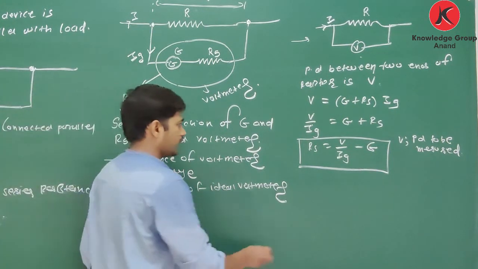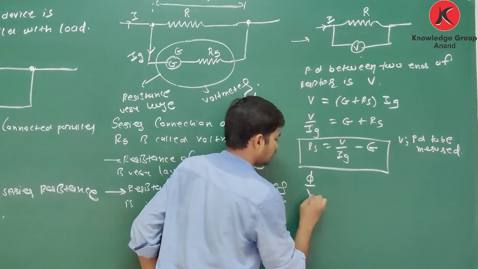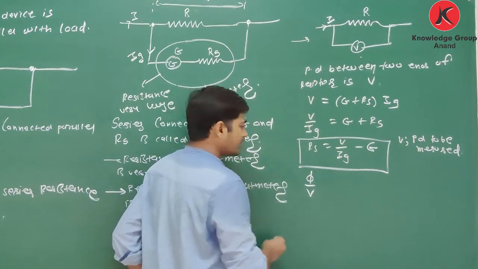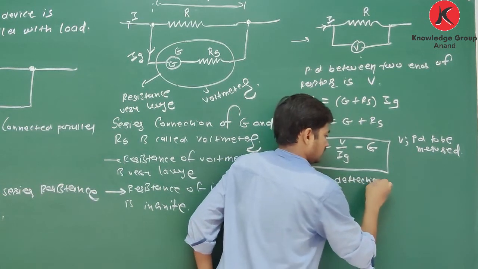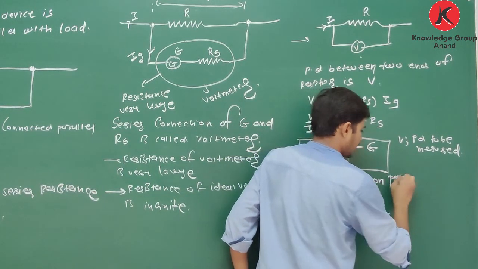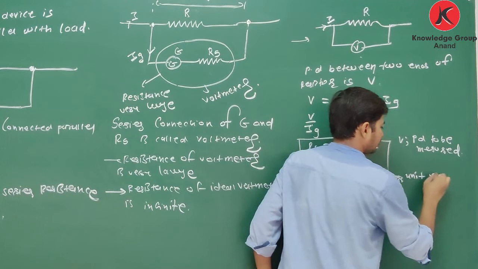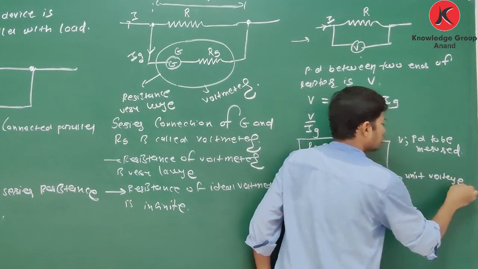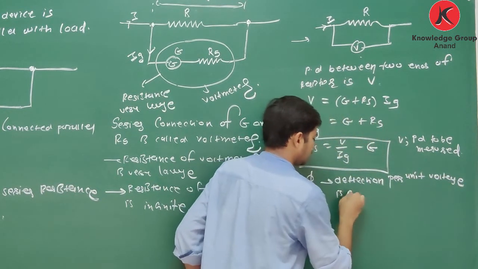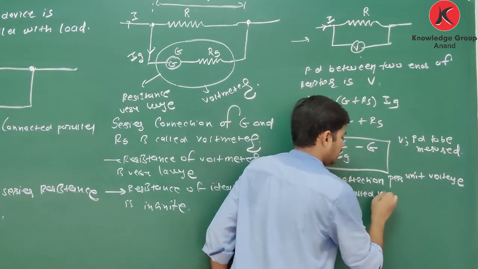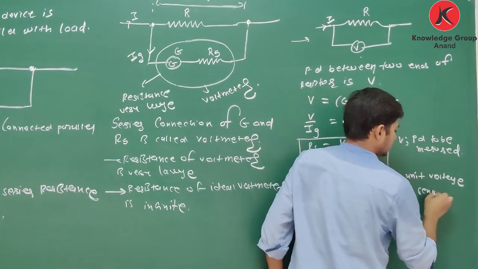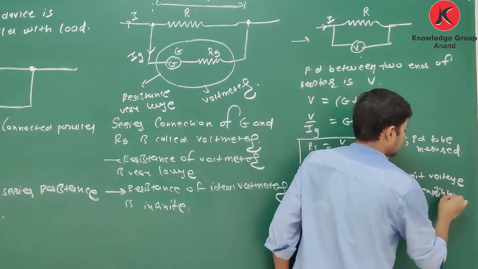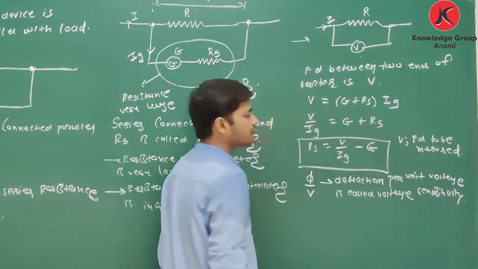Now, see, phi upon V means deflection per unit voltage. Deflection per unit voltage is called voltage sensitivity. What is its equation?